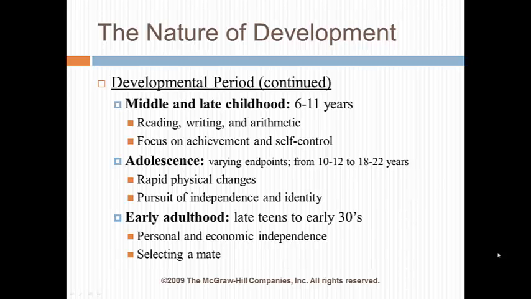It is marked by rapid physical changes and pursuit of independence and identity. Thoughts during this period are logical, abstract, and idealistic. In early adulthood, from the late teens to early 30s, personal and economic independence, career development, and selecting a new mate and starting a new family are important milestones.